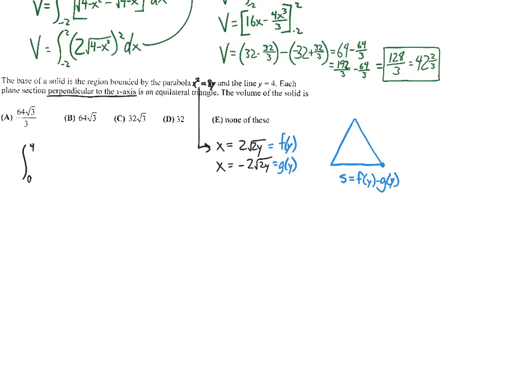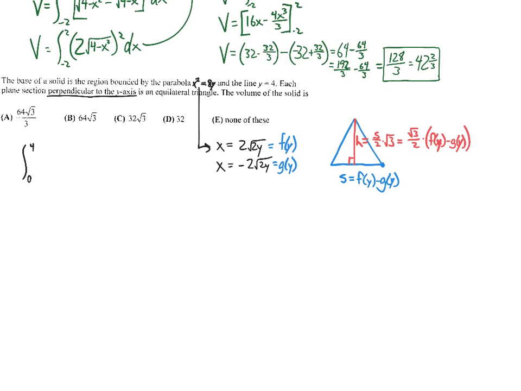Now, because we have an equilateral triangle, this height is going to be half of the side times radical 3, because we have a 30, 60, 90 right triangle and we drop that height down. So in this case, that's root 3 over 2 times f of y minus g of y.